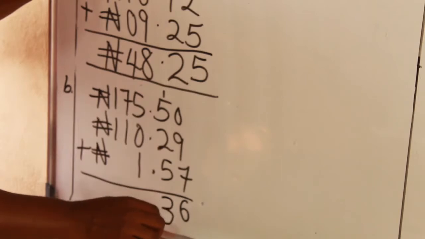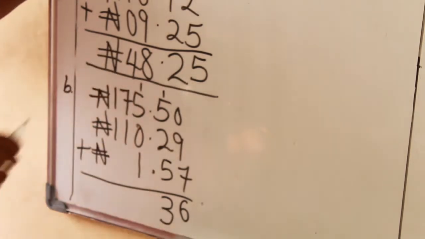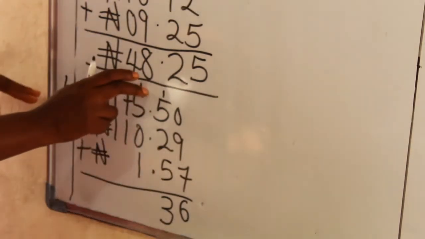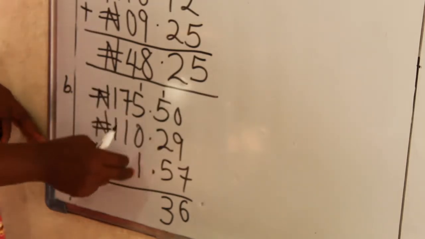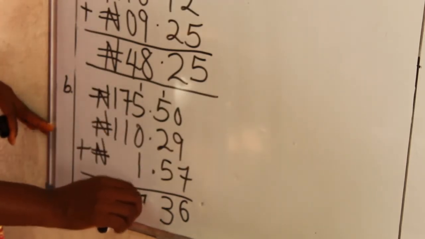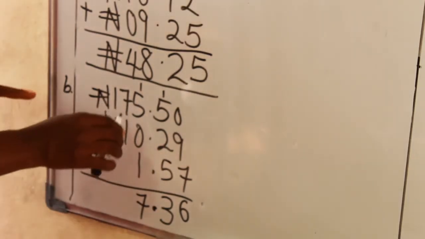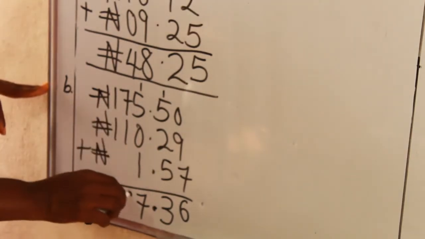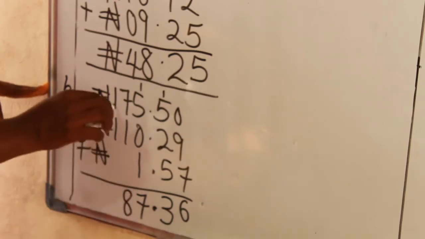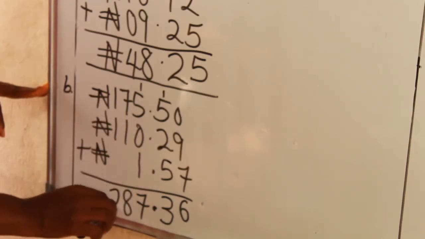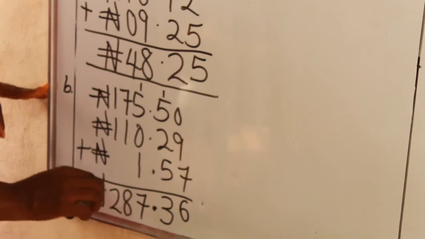You write your 3 and carry 1. 5 plus that 1 is 6. 6 plus 1, 7. Fix your point. Then 7 plus 1 will give us 8. 1 plus 1 is 2. Your naira sign immediately.